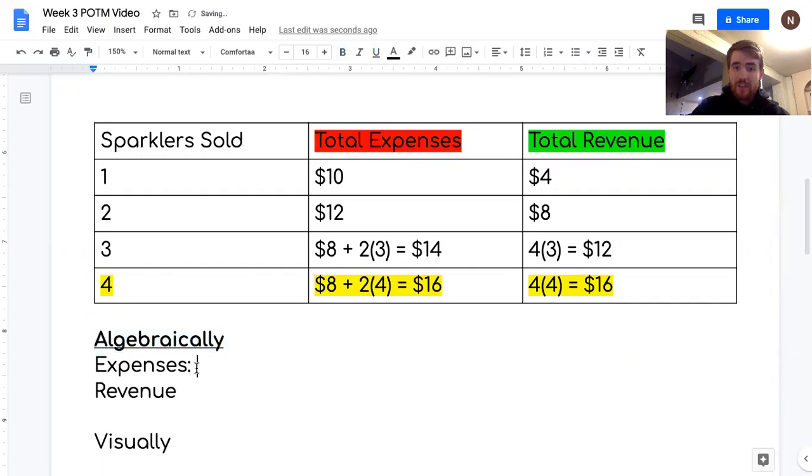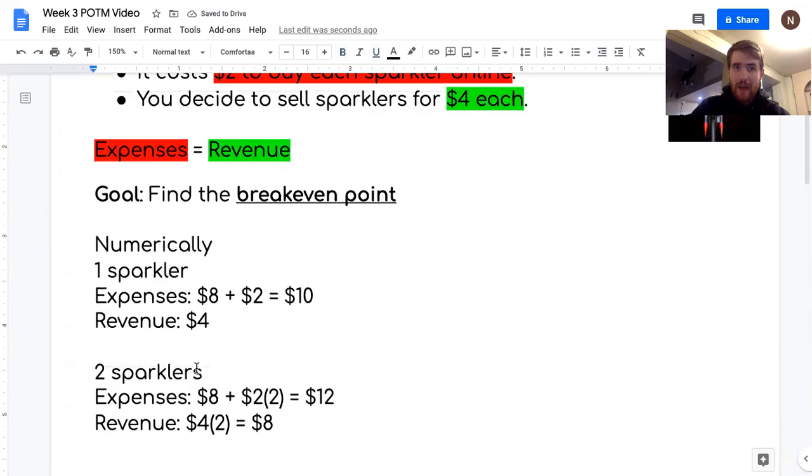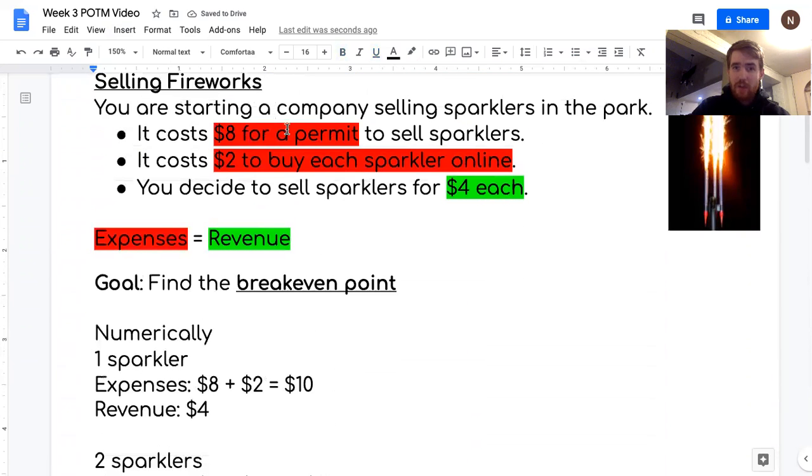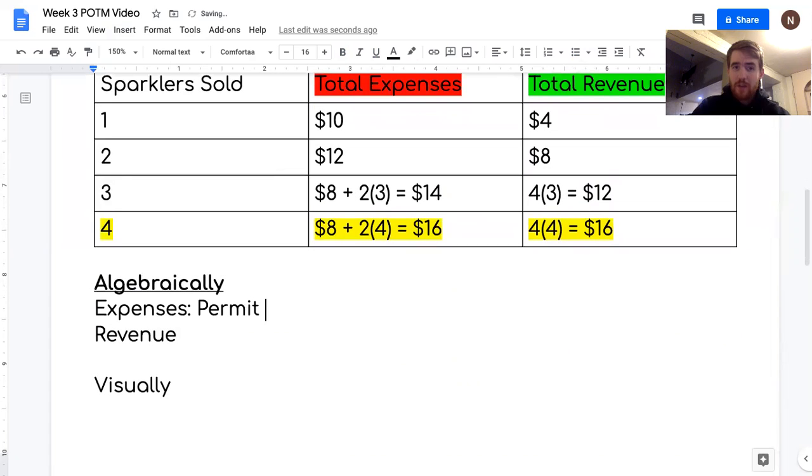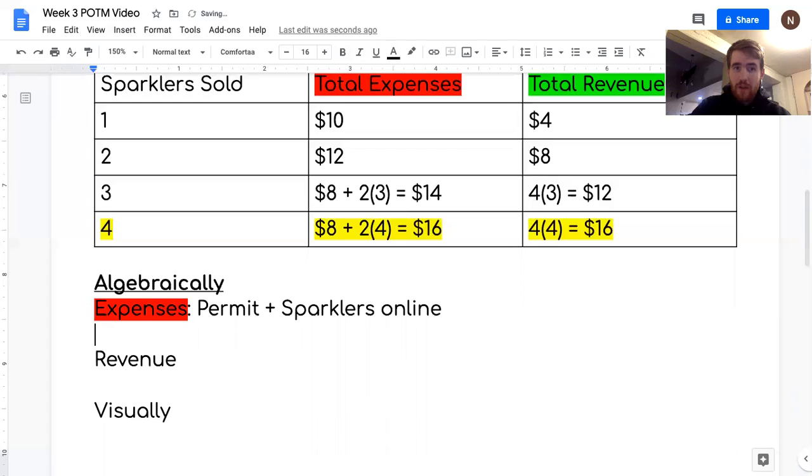Well, we know the expenses are equal to that $8 permit and the sparklers online. So our expenses are equal to our permit plus sparklers online. Let me just color code this. So how much does the permit cost? Well, we know the permit from above is $8. How much do the sparklers cost?